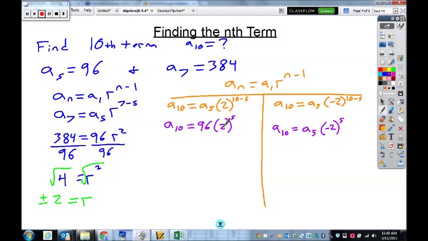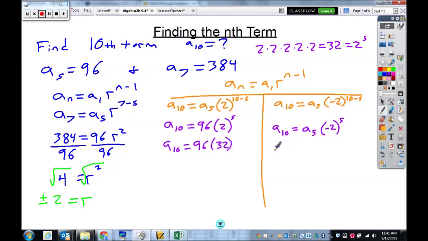I'm going to say, all right, well, 2 to the 5th power. Well, I know 2 times 2 is 4, times 2 is 8, times 2 is 16, times 2 is 32. So, a sub 10 equals 96 times, well, that's positive 2, so that's positive 32.